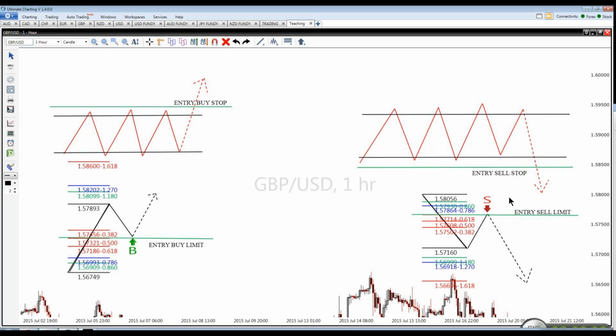Okay. The pending entry buy and sell limit, however, do not operate that way. You're still looking to be taken into a bullish position or a bearish position, as the entry name implies. But it's the limit and the stop type that determine the function of the order, right? So an entry buy limit is usually placed in ABCDs, for example.